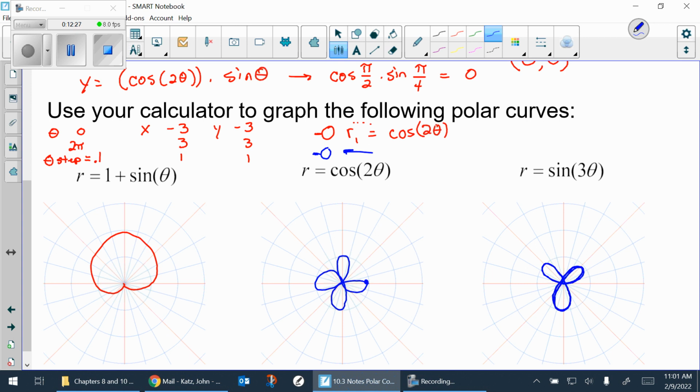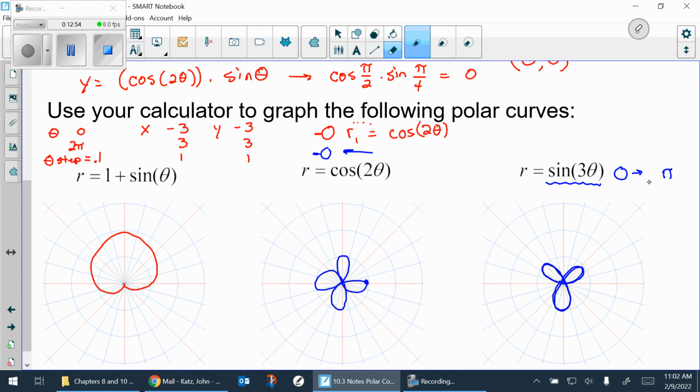Now what that tells you, which is going to become important, is that to draw this entire figure, we don't need to go from 0 to 2 pi for theta. We can get that entire figure drawn just by going from 0 to pi. It's going to be important as time goes on.